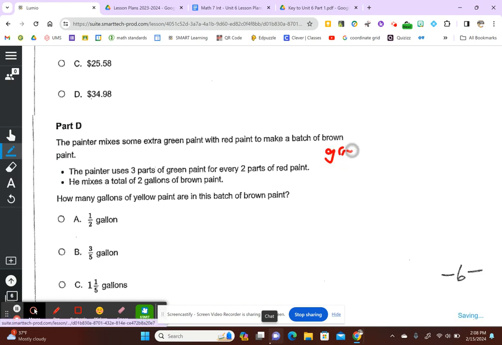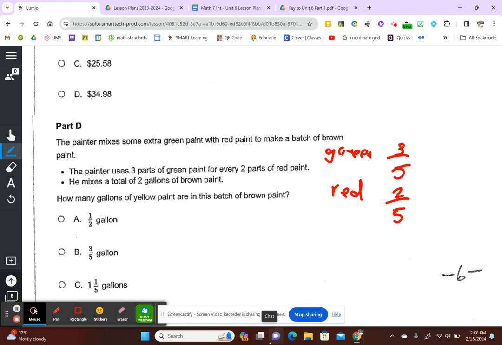So the green is 3 out of 5, and the red is 2 out of 5. Okay. And he mixes a total of 2 gallons of brown paint. So how many gallons of yellow paint are in this batch of brown paint?